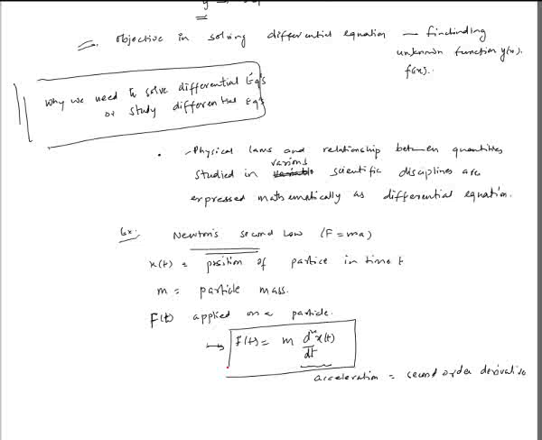Okay, similarly, I can give you another example. Say the biomass m of t of a bacterial culture, some amount of bacteria that you are calling the biomass. The way the bacteria grow can be expressed in this form.